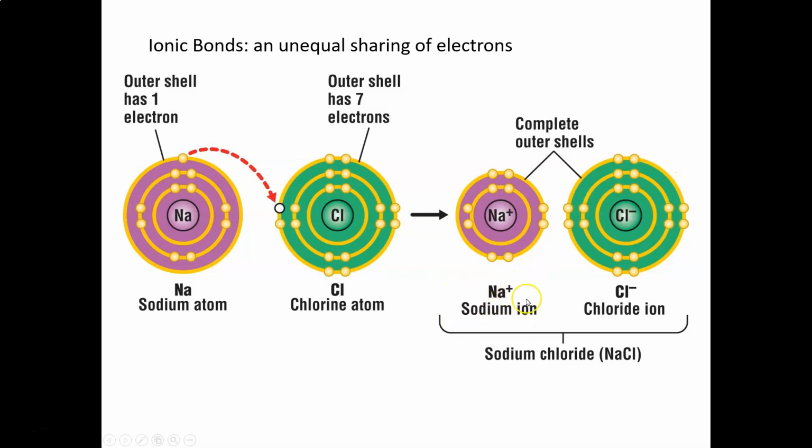Sodium becomes positive because it gave an electron, a negative charge, to chlorine. Chlorine becomes chloride. That's what we call chlorine when it's an anion, because it has an extra electron. So sodium, being a cation, a positively charged ion is called a cation, a negatively charged ion is called an anion.